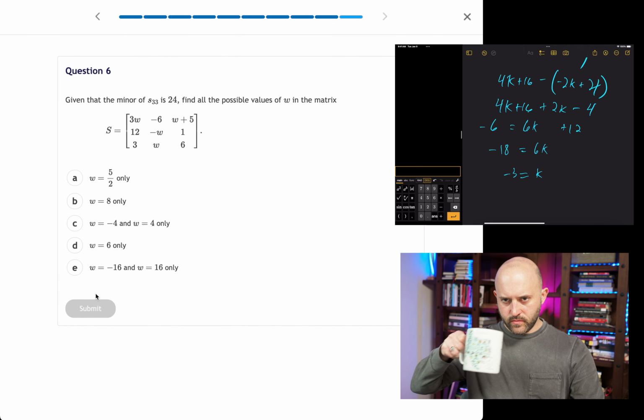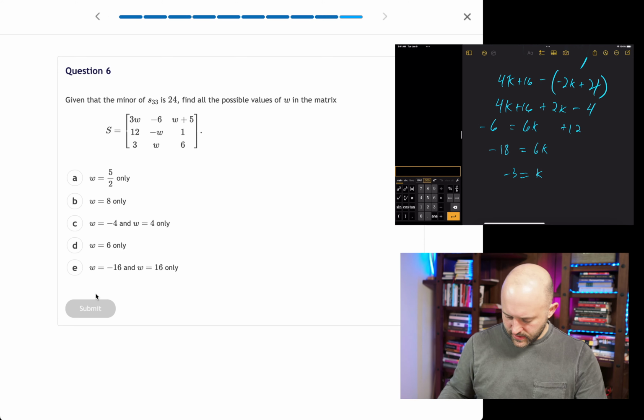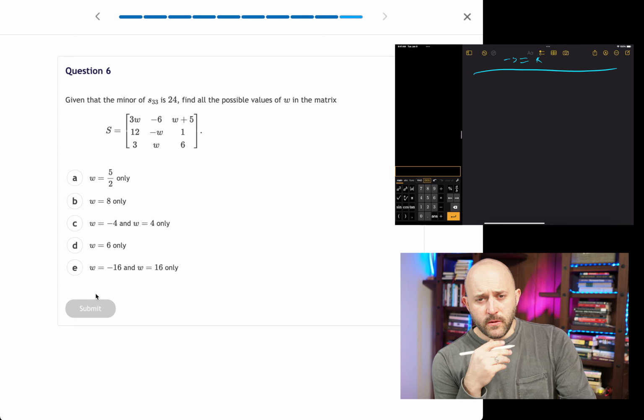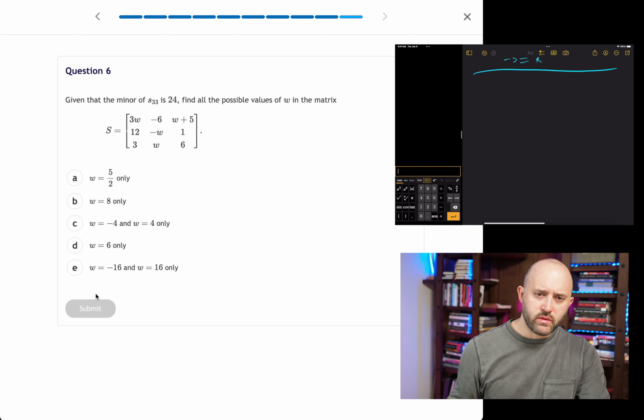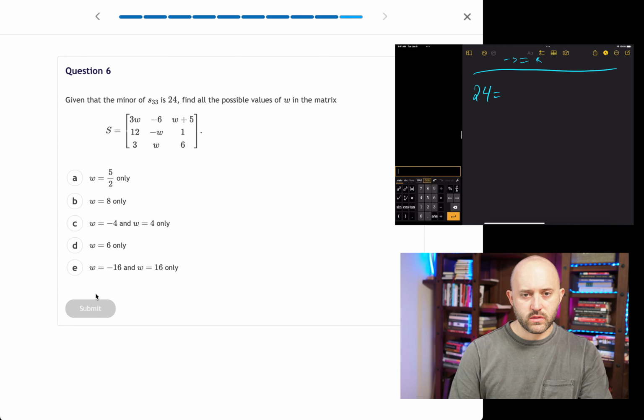All right. Last one. If I get this one right, then I can do a victory lap around the chair. The minor of S33 is 24. What are all possible values of W? Okay, so 24 equals the determinant, I gotta work on my handwriting, of 33.